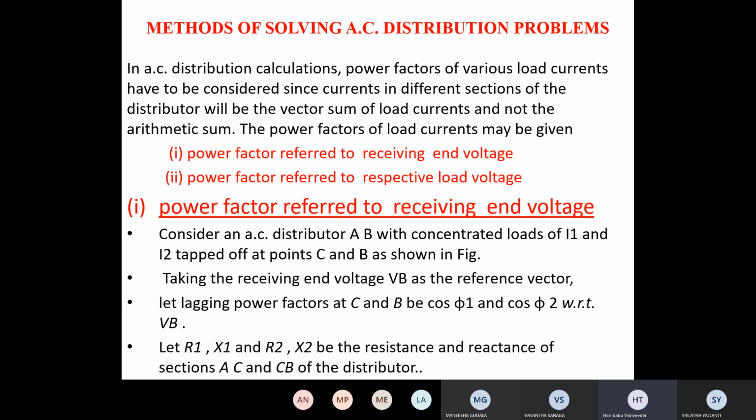Radial means most simple and economical, right? And loop type is a bit complex compared to radial type. What about reliability? Reliability in radial type is less, whereas in loop type it is very high. Cost: radial type is low, loop type is high. Size of the conductor is small in radial, but high in loop type.